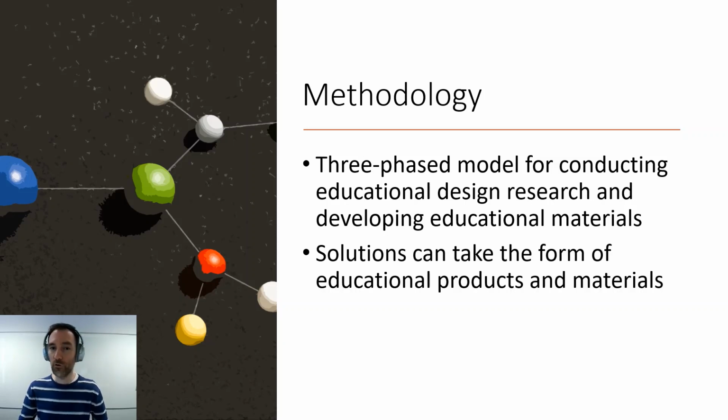The different solutions that we find can take the form of educational products and materials that both support teachers in their educational practice and at the same time seek to discover new knowledge that can inform future research, maybe future development and practice within that domain.